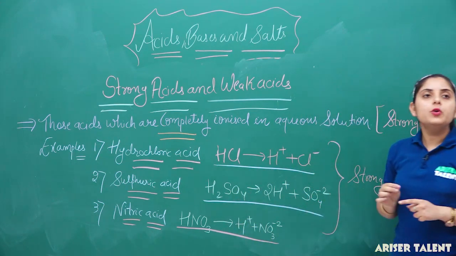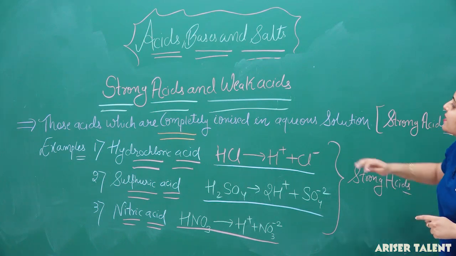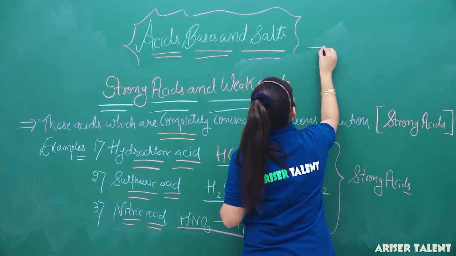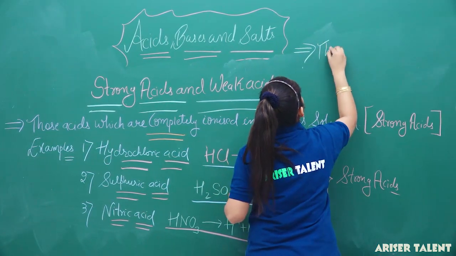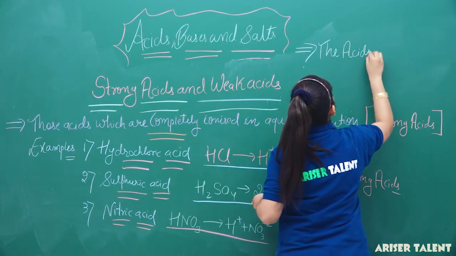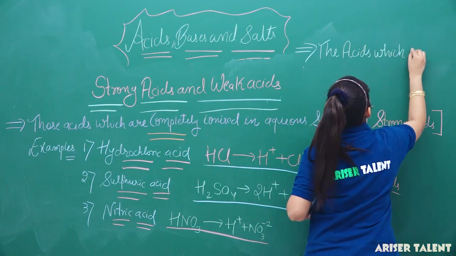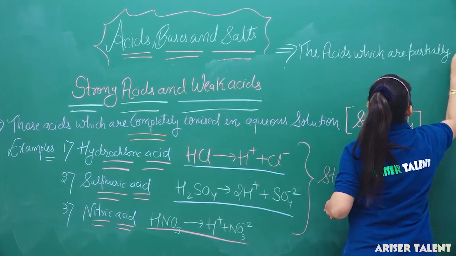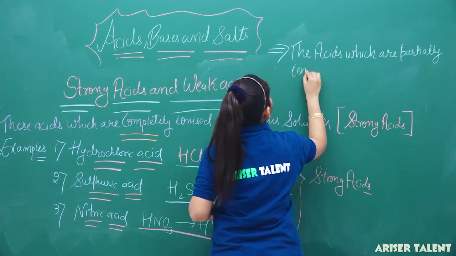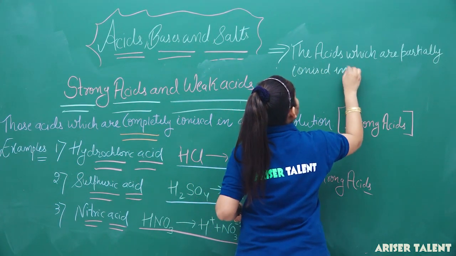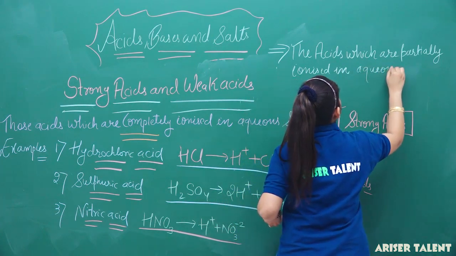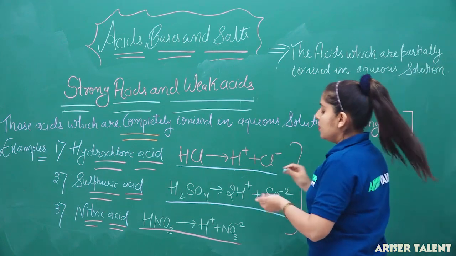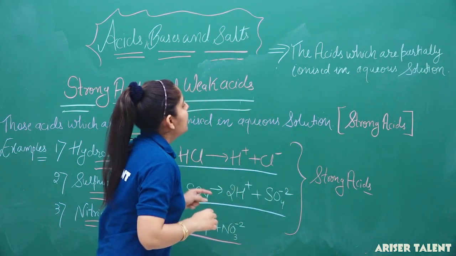Now we are moving to our next category of acids, and the next category is weak acids. The acids which are partially ionized in the aqueous solution are termed as the weak acids.